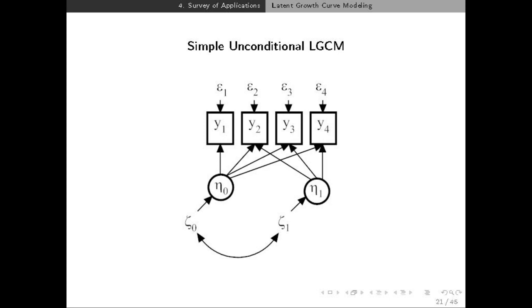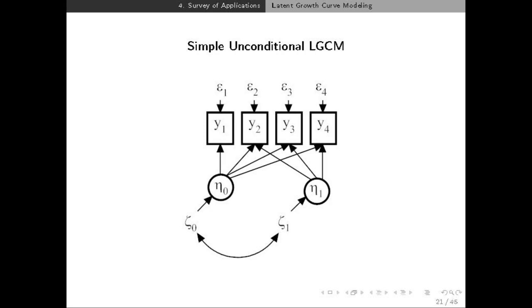of the study. The factor loadings here are all constrained to 1, and the factor loadings here in this picture are constrained to 0 in y1, 1 in y2, 2 in y3, and 3 in y4. And those aren't estimated, those are fixed, and by putting constraints on the means of the y's, we force the information on the means of this variable to get pushed into the latent variable.